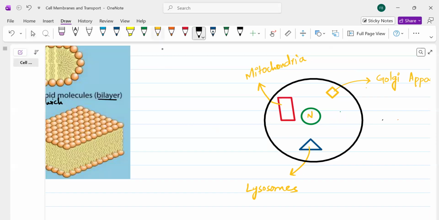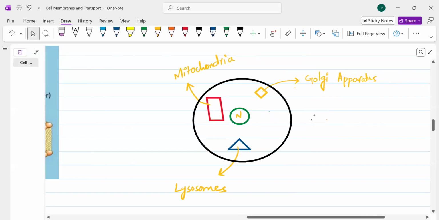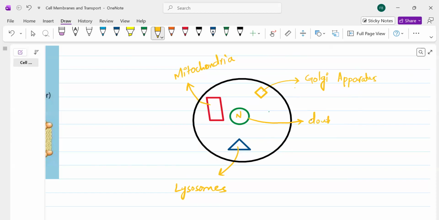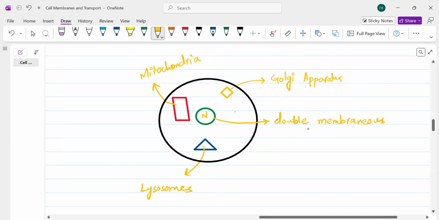The nucleus has a double layer, and each layer is having a phospholipid bilayer. Are you getting what I'm saying? This is double membranous. Mitochondria as well, it is also having a double membrane.